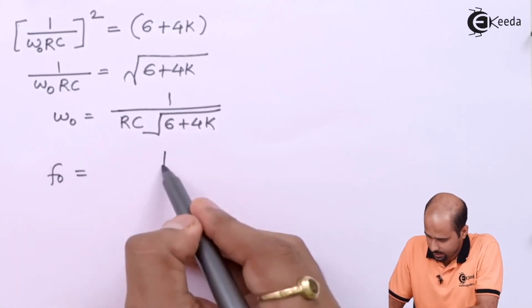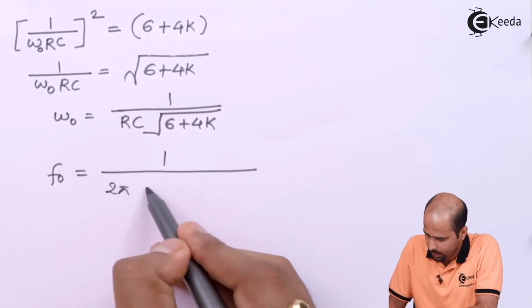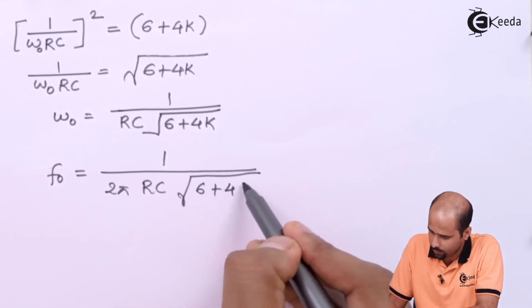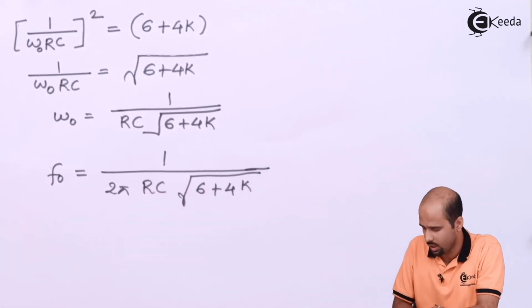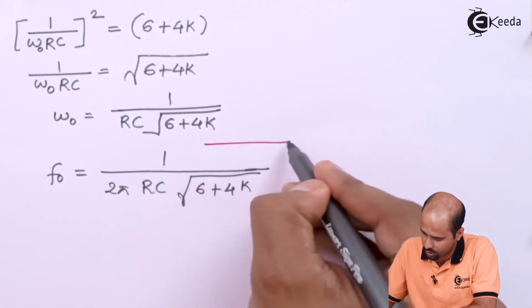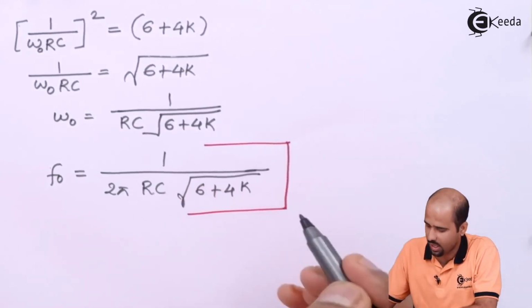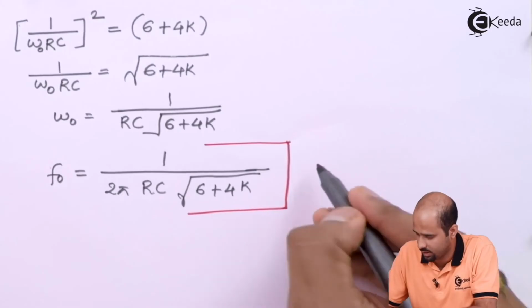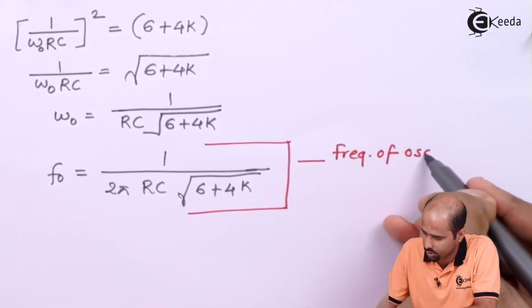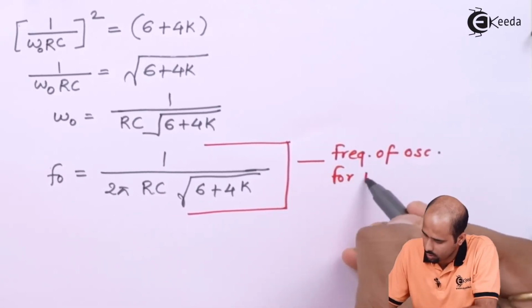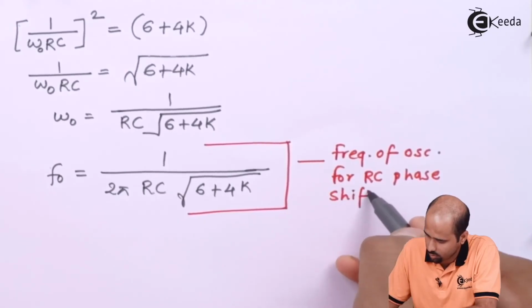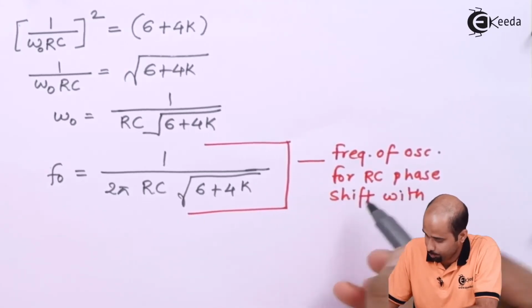F0 can be written as 1 upon 2 pi RC under root of 6 plus 4k. This is nothing but the frequency of oscillation for the RC phase shift oscillator with BJT.